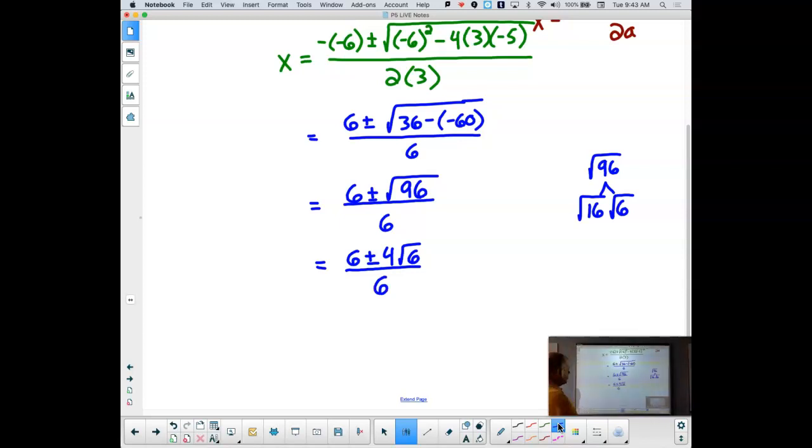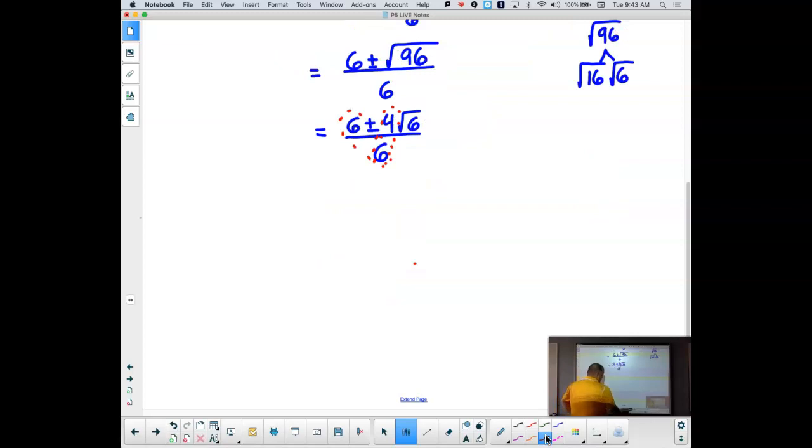If you had Kruger last year, Kruger likes to call it the bunny ears. For reducing, 6, 4, and 6 all have a common factor of 2. Oops, I missed it. On there. There we go.